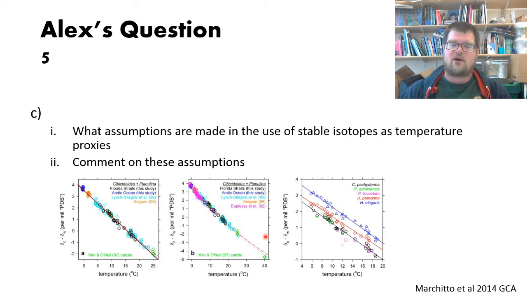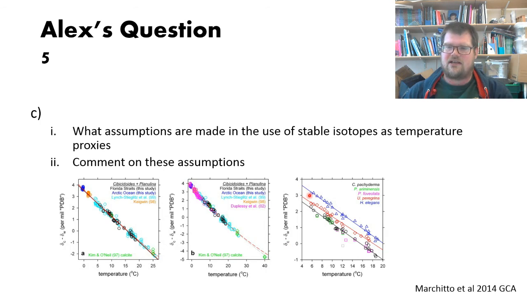One of the things that we might also want to consider is whether there is some biological offset from our thermodynamically predicted relationship between fractionation factor and temperature. So there might be some small effects, so different species might have slightly different fractionation factors, and that's reflected in these graphs here. These different colours are basically experiments done at different temperatures, or samples taken from the wild from different temperatures, and their oxygen isotopes of carbonate and water are measured.